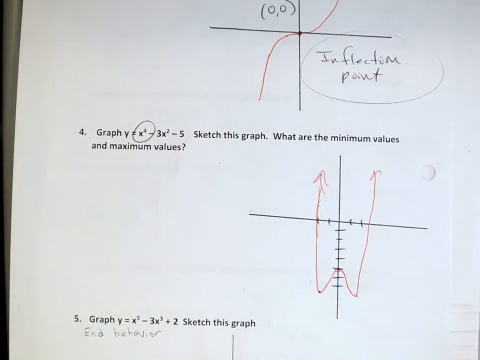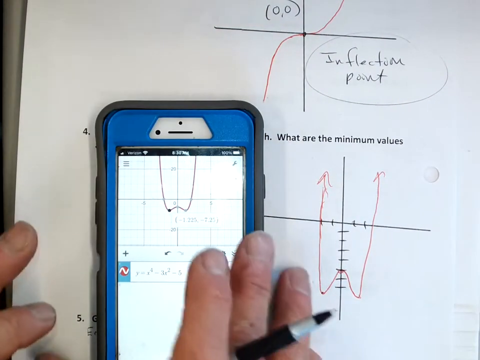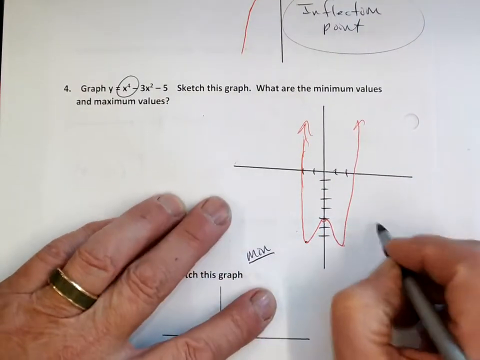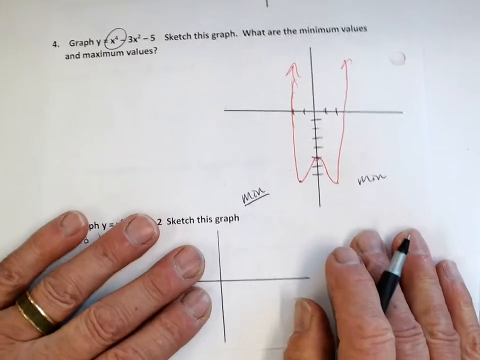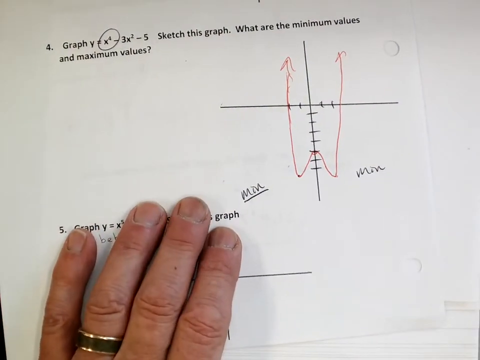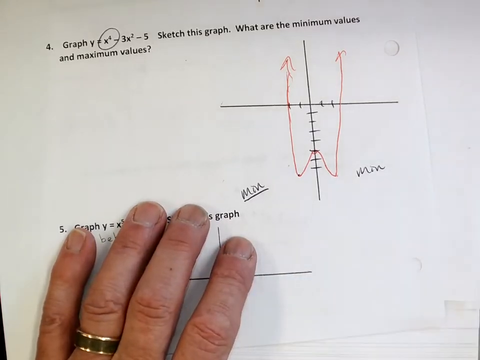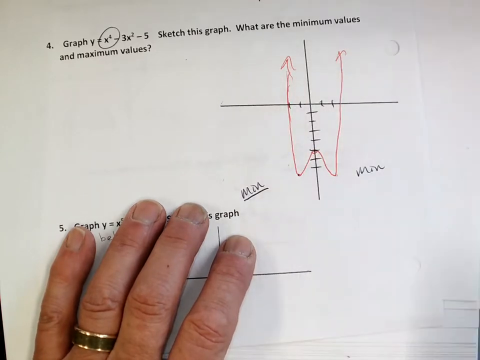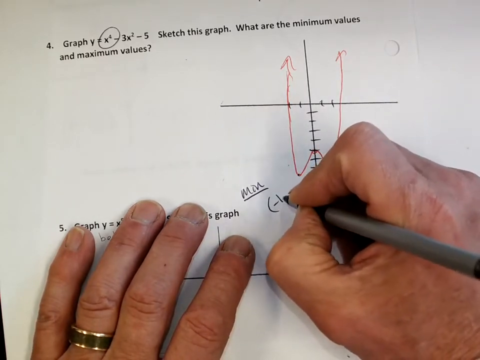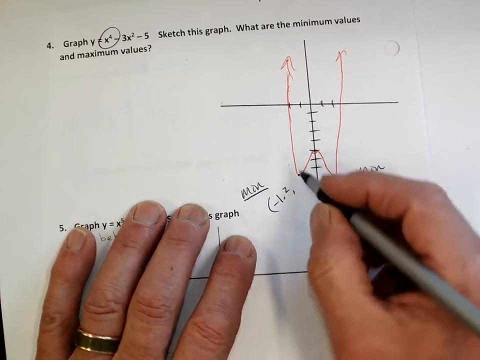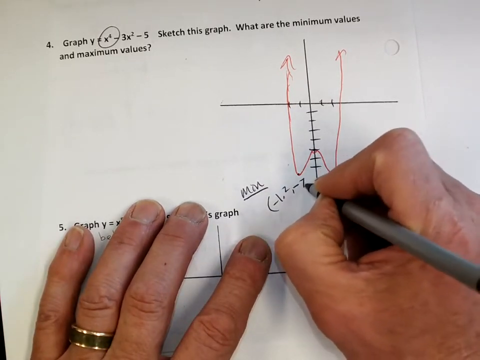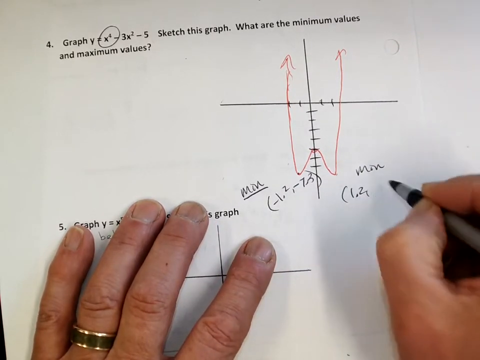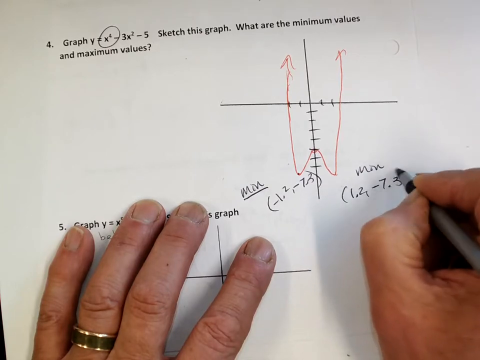Okay. So then, if I want the max and min, it's got two minimums. It's got a minimum here and a minimum there, right? Love Desmos because I can just tap on it and get my minimum. So when I tap on that one, I got about a negative 1.2, negative 7.3. And I tap on the other side, I just get a positive 1.2 and a negative 7.3.